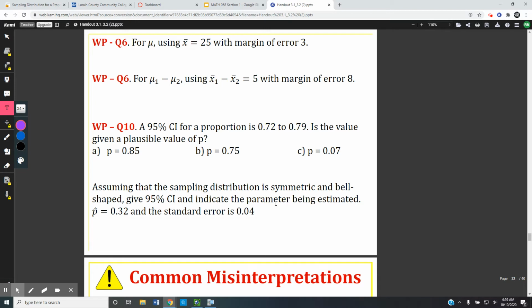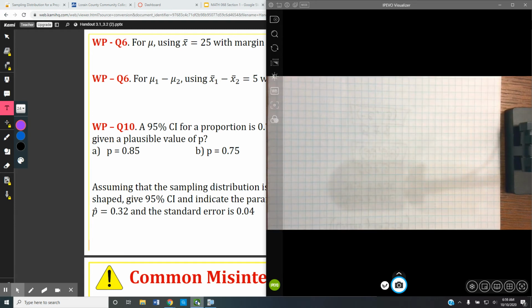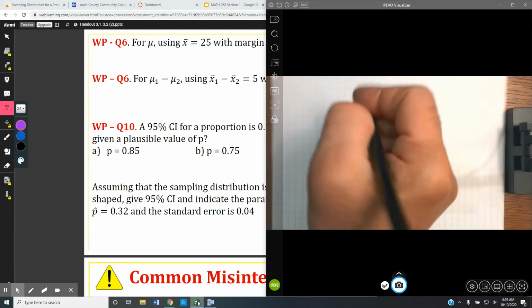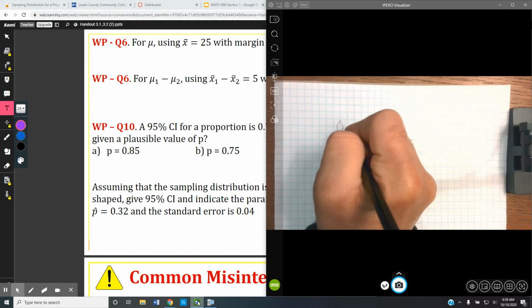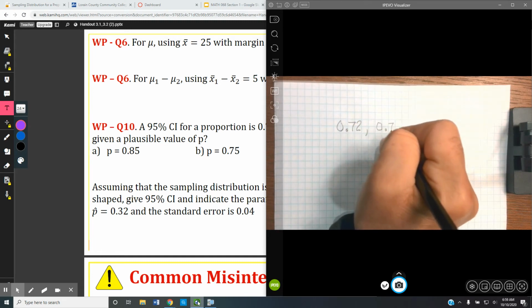Question 10. For a 95% CI, the proportion is 0.72 to 0.79. Is the value given plausible for this? Okay, so let's go back and get some more here. First of all, the given parameters are 0.72 to 0.79.